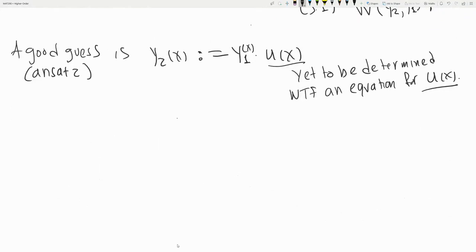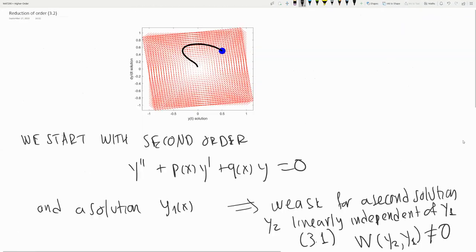Okay, so suppose y2 solves the ODE. Let me call it star.